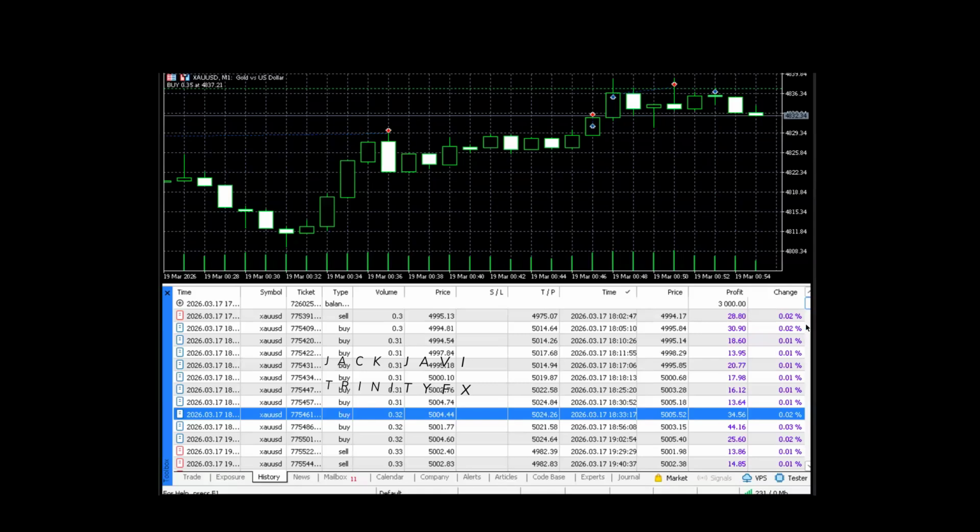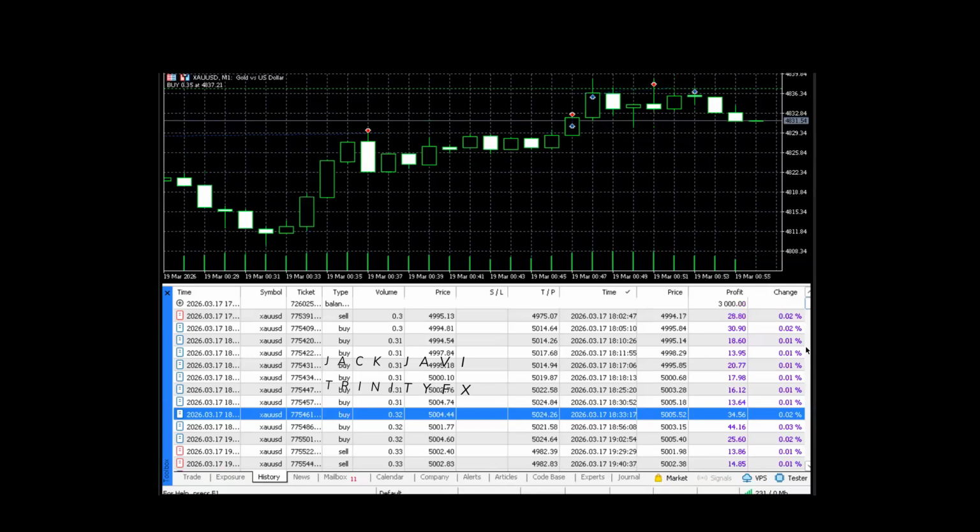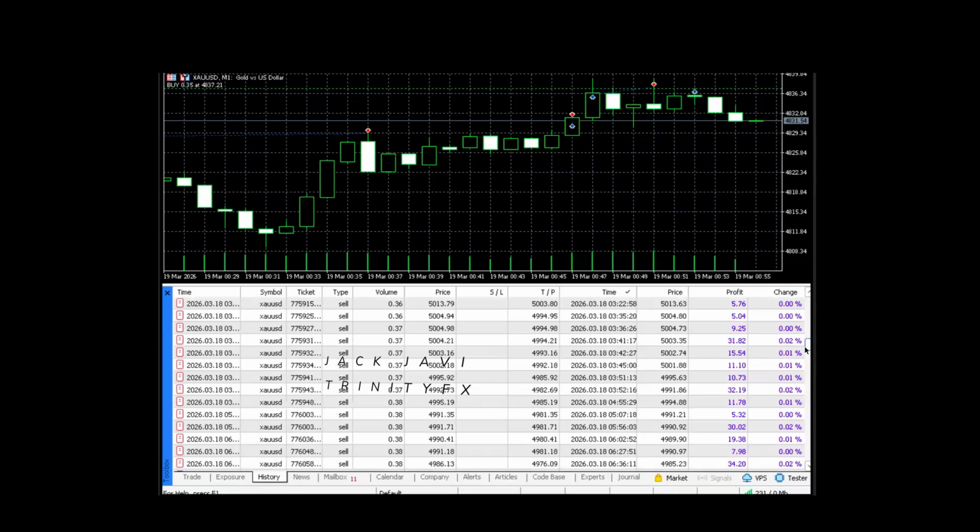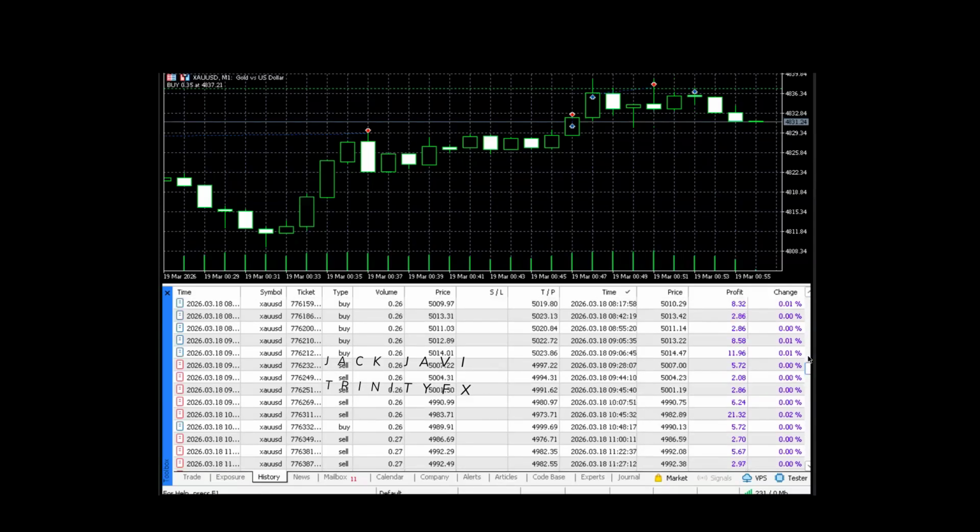Let me show you. Sorry for not having a mouse to do this more easily, but let me just scroll. Since we started, it has hit stop loss twice, and this made me make some changes.